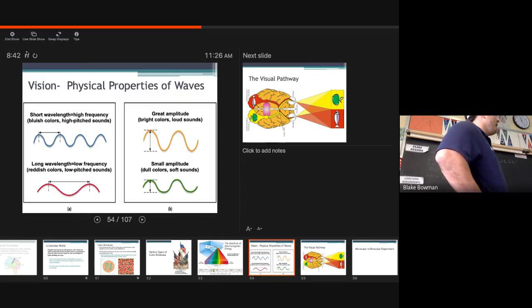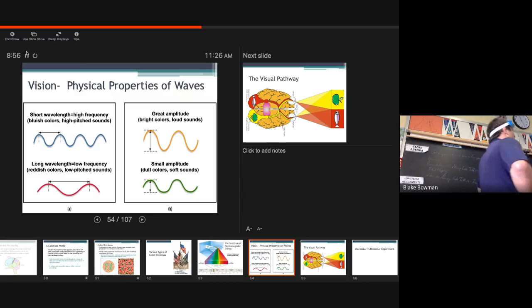The long wavelength, lower frequency, is found more on the right side of the electromagnetic spectrum. This is more of a reddish color, darker, even orange in a way. Obviously, when we get closer to yellow, it's going to separate itself a bit. But this is low-pitched sounds. When we get to sound, we'll talk about this more with the anatomy of the ear.